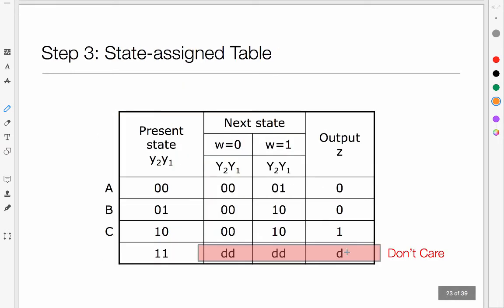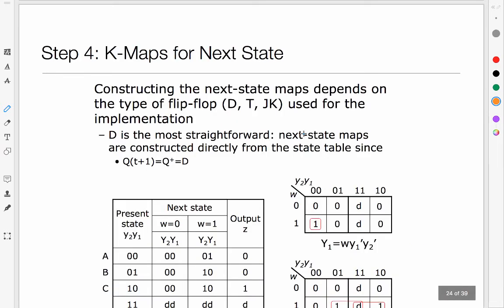And the thing is, I need a combinational logic which produces 2 bits of next state and output Z. So I need a combinational logic which is producing 3 bits of output, and it is taking as input 3 bits of input, right? One is the real input, W, and 2 bits of current state. So I have a combinational logic like that. Use your K-maps.